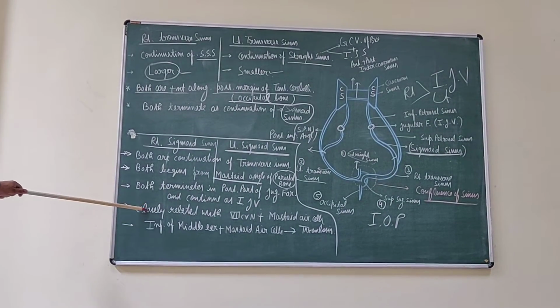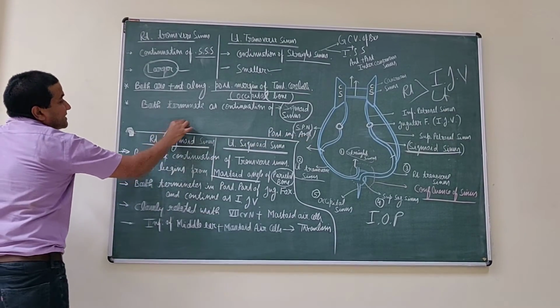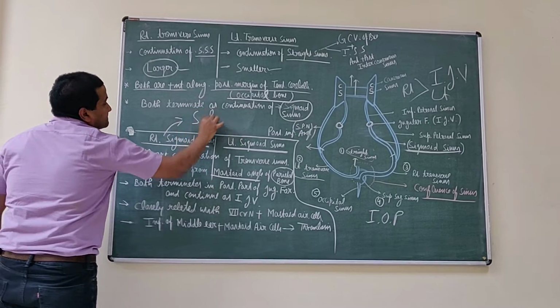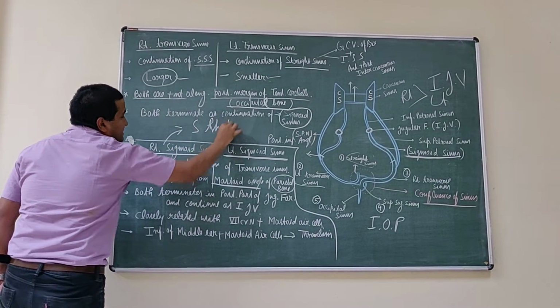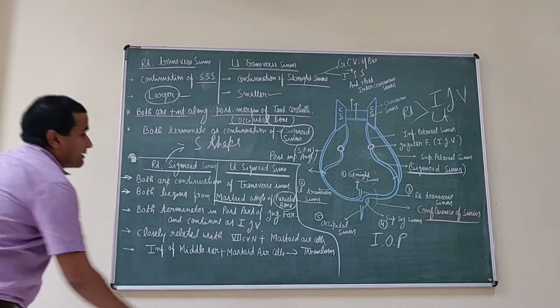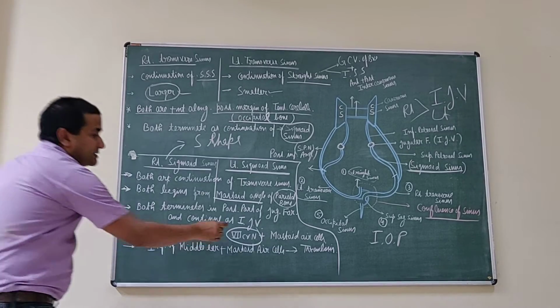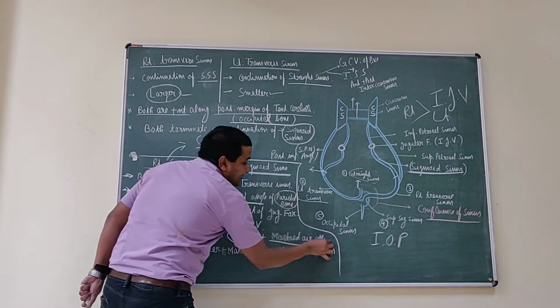Now this is an important point. Both sigmoid sinuses are known as sigmoid because of the S-shape. Both sigmoid sinuses are related with the seventh cranial nerve and the mastoid ear cells.